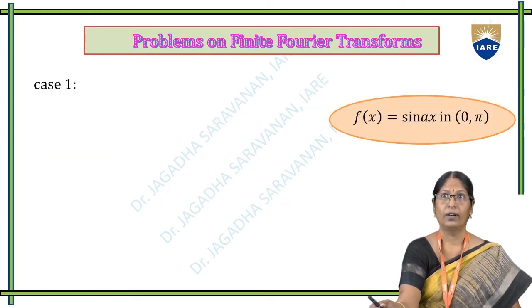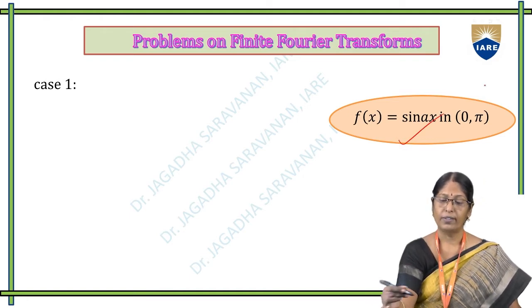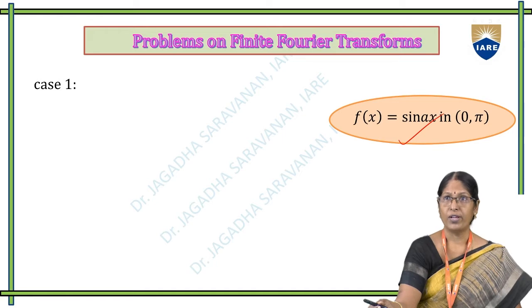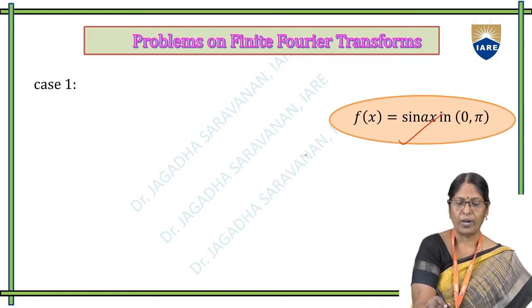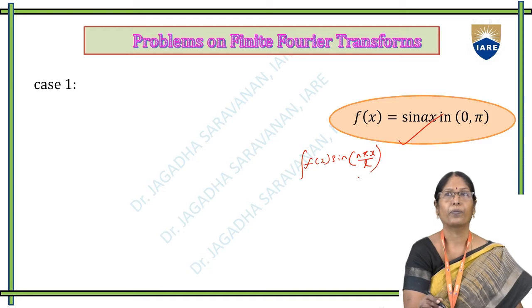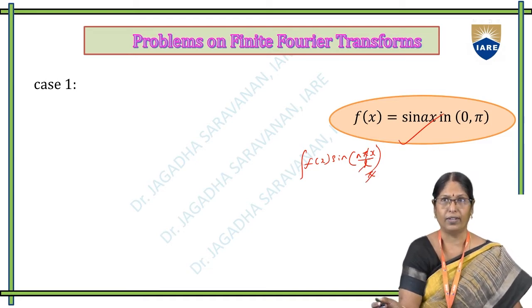Case 1. Here the given function is f of x equal to sine ax. In the Fourier sine formula, f of x sine of n pi x by L, our L is pi, so the pi gets cancelled.